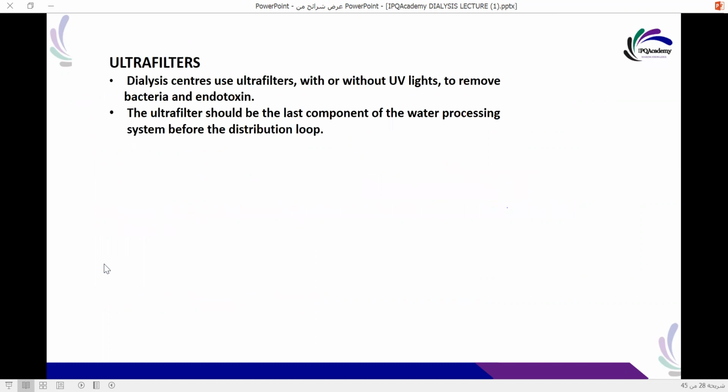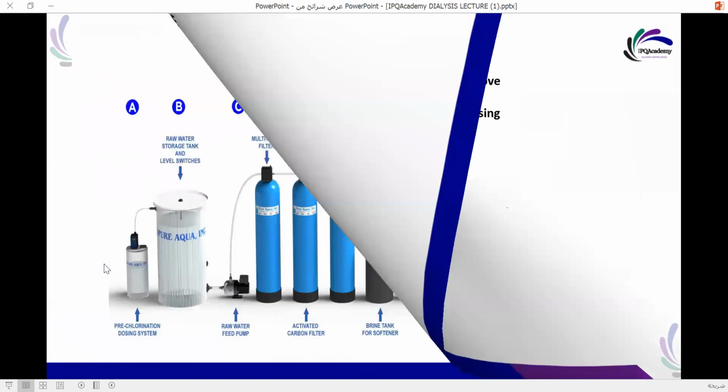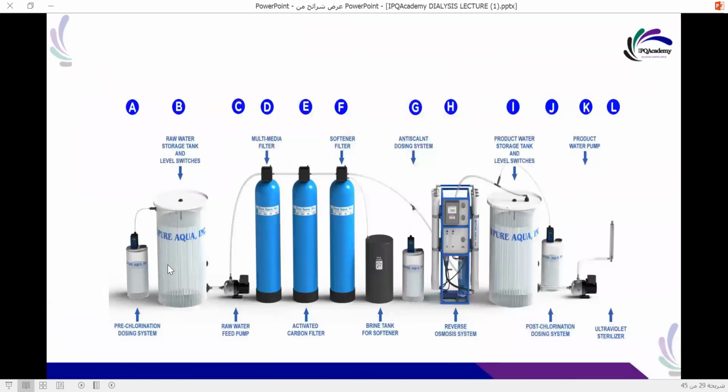Ultrafilters, with or without ultraviolet lights, are used to remove the bacteria and endotoxins. The ultrafilter should be the last component of the water processing system before the distribution loop. Here is the reservoir for potable water.